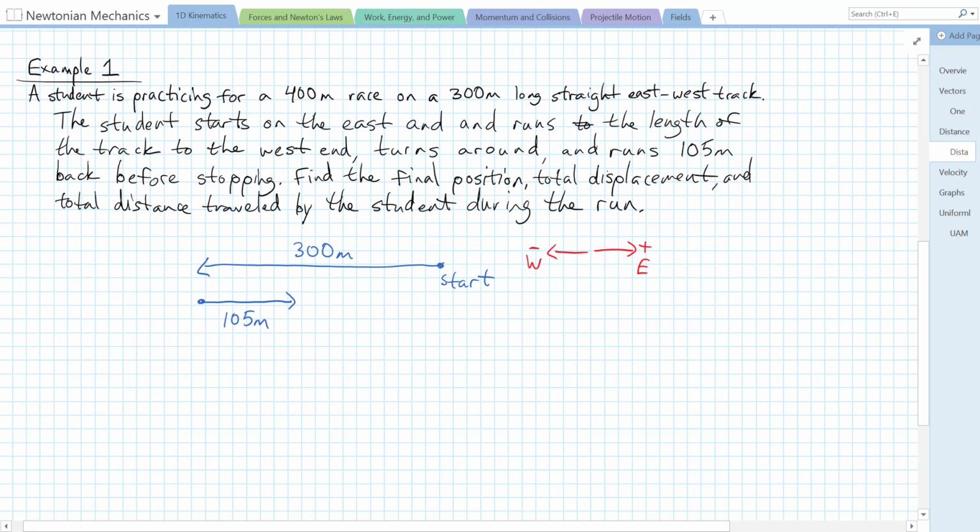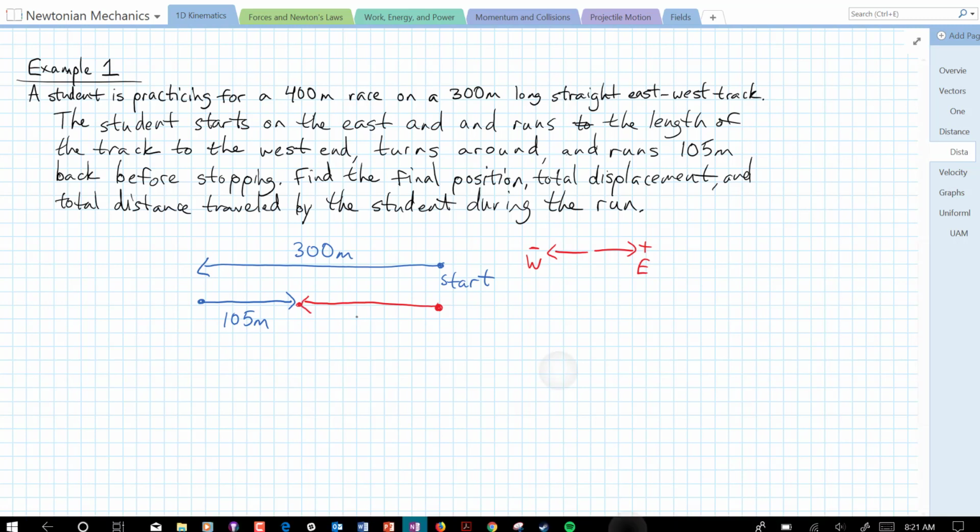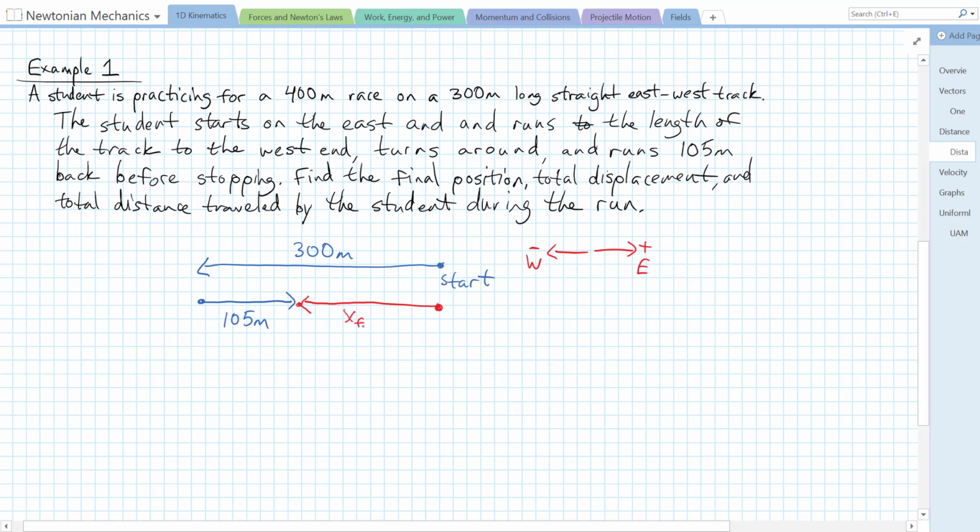So we need to find the final position, total displacement, and total distance traveled by the student during the run. Well, the final position is just where the student ends up. So if we started here and we end up right here, then our final position is going to be represented by this vector, x final.